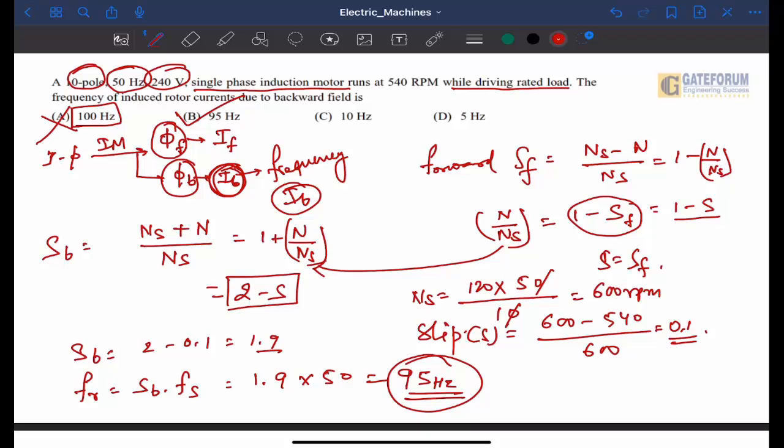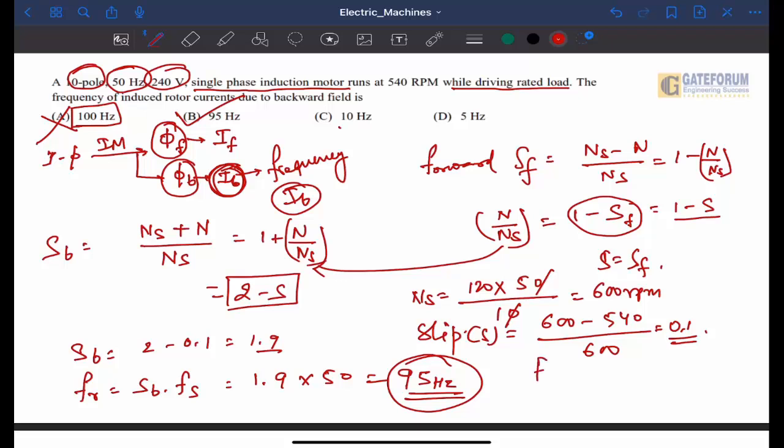So option A is wrong. The rotor current induced due to the backward field will not have a frequency lesser than the supply frequency. It will always be greater than the supply frequency.